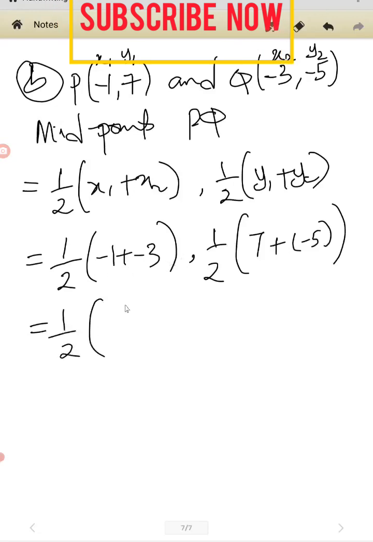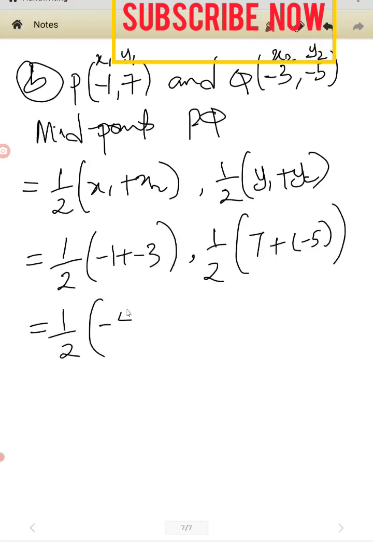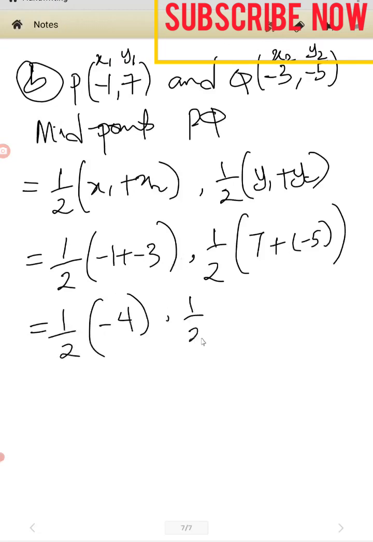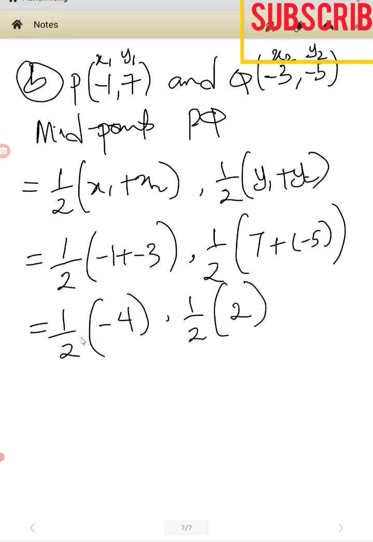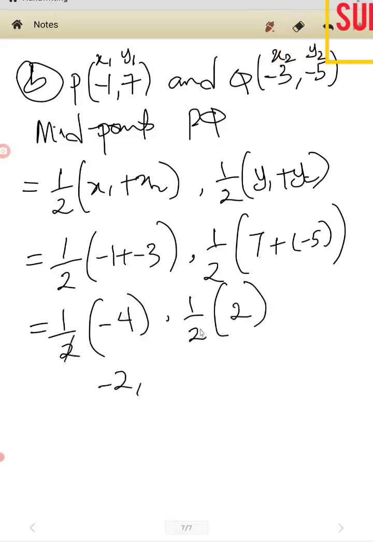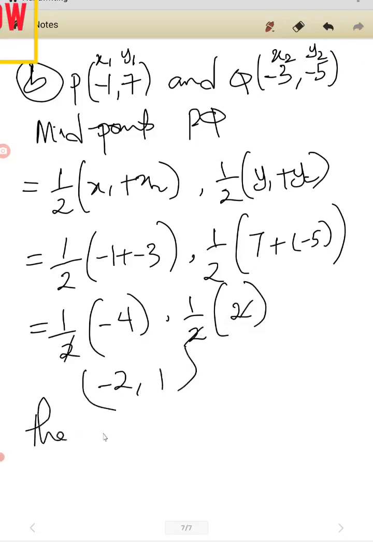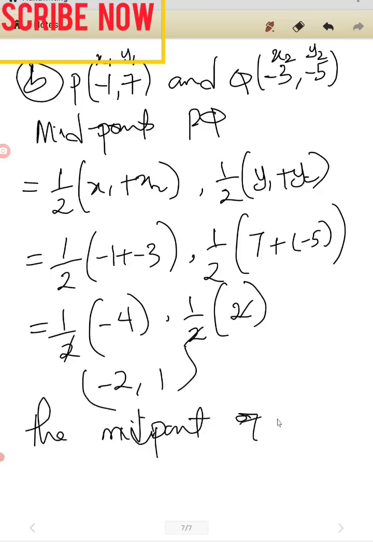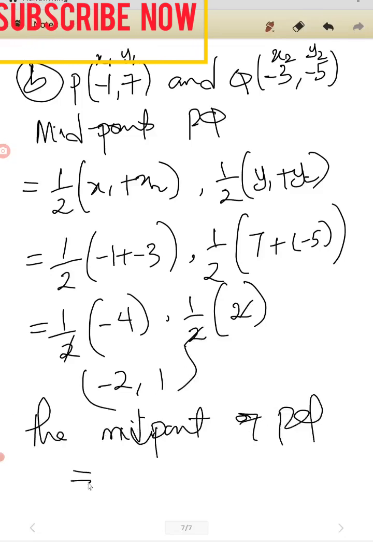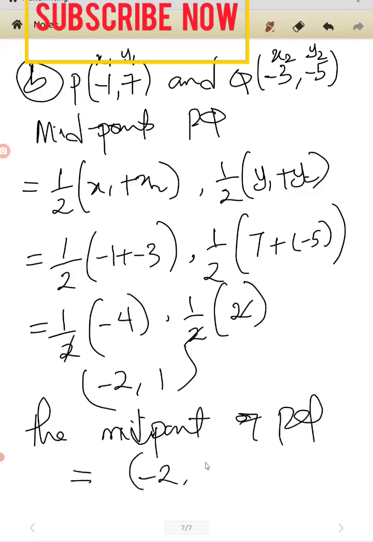This will give you -4, comma, half of 7 plus -5, which is 2. So this will now be half of this. We have -2, comma, this will be 1. So the midpoint of PQ is equal to -2, 1.